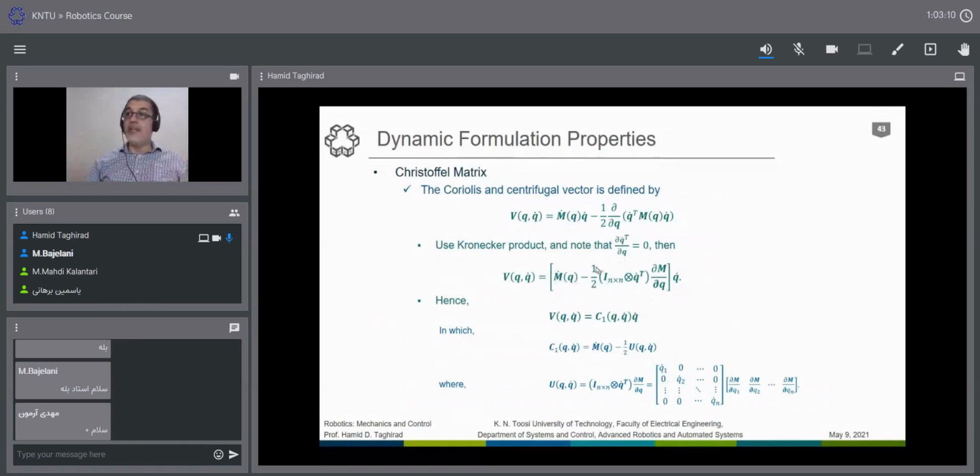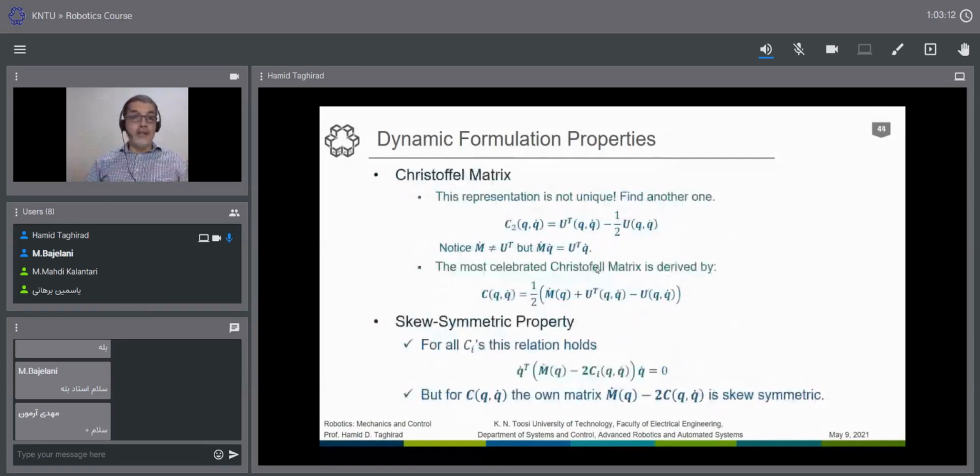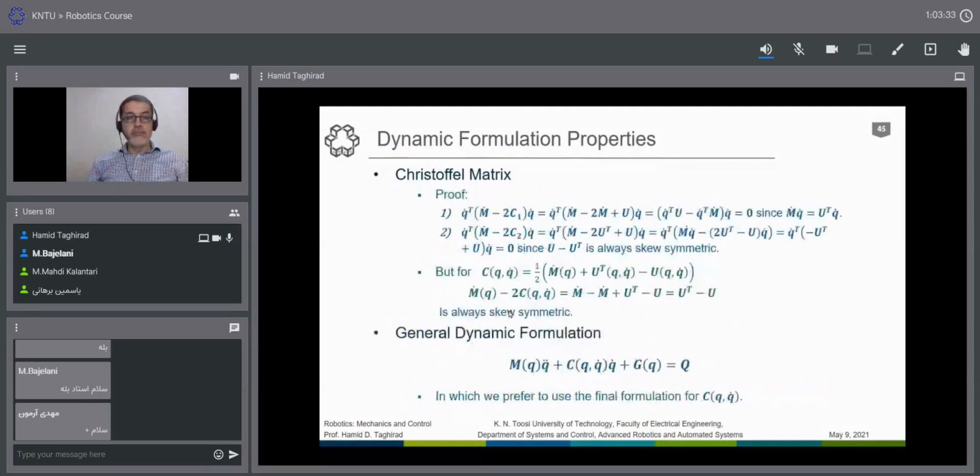We can prove that by some simple manipulation, but in many papers, in many works, these two are considered to be the same, which is not true. And the regressor format of the dynamics is not unique. Is there any format that is more interesting for us, like in control?